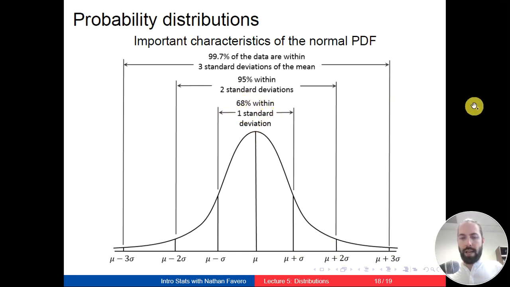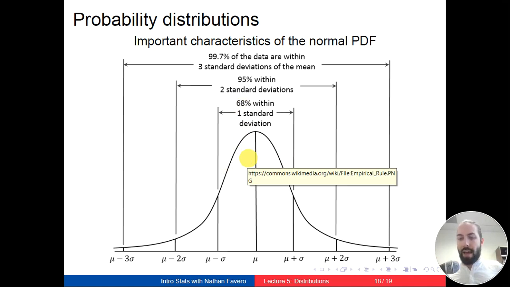So in other words, if we want to know, taking a single draw from a normal distribution, how likely are we to get a value within one standard deviation of the mean? Well, 68% of the time, we're going to get a value within one standard deviation of the mean. Just like if we roll a die, 1/6 of the time, we're going to get a value of 6, right? If we take draws from a normal distribution, 68% of the time, we're going to get a value within one standard deviation of the mean.